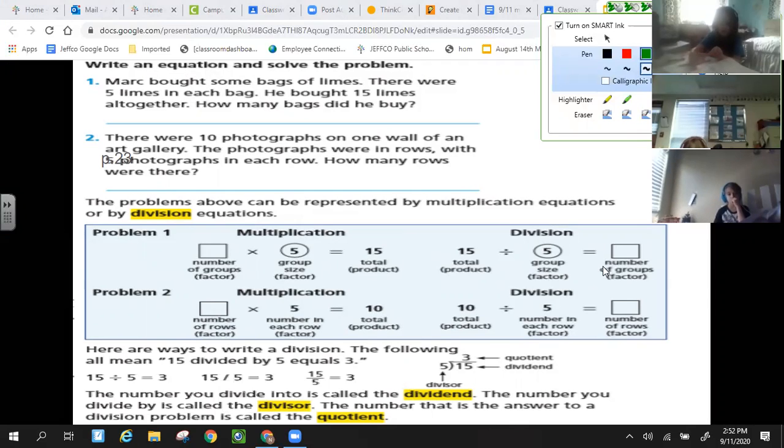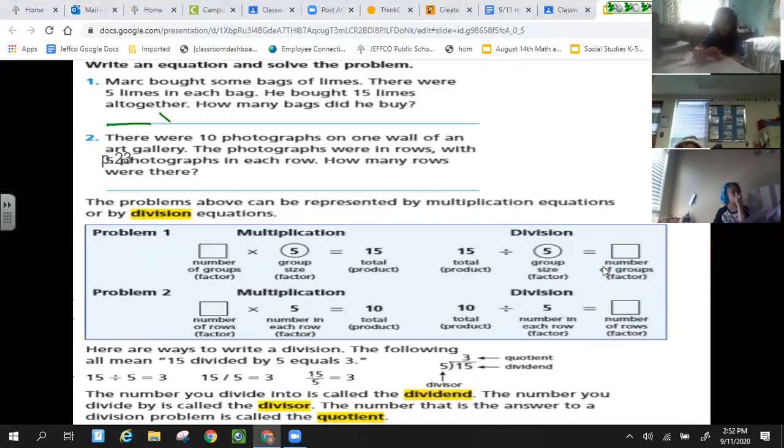You can do this in your book as well. So what times 5 equals 15? That's the multiplication part, right? Watch how you would do the division. 15 divided by 5 equals what? What could we do to figure this out?